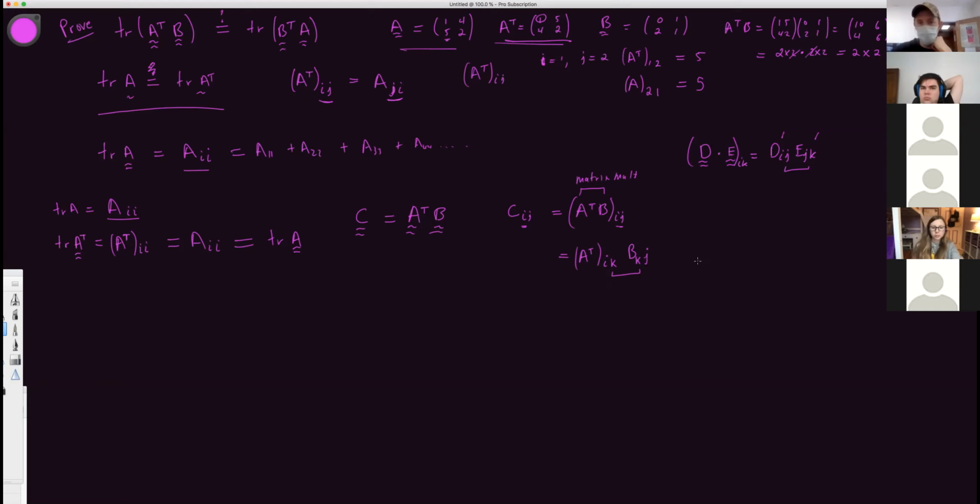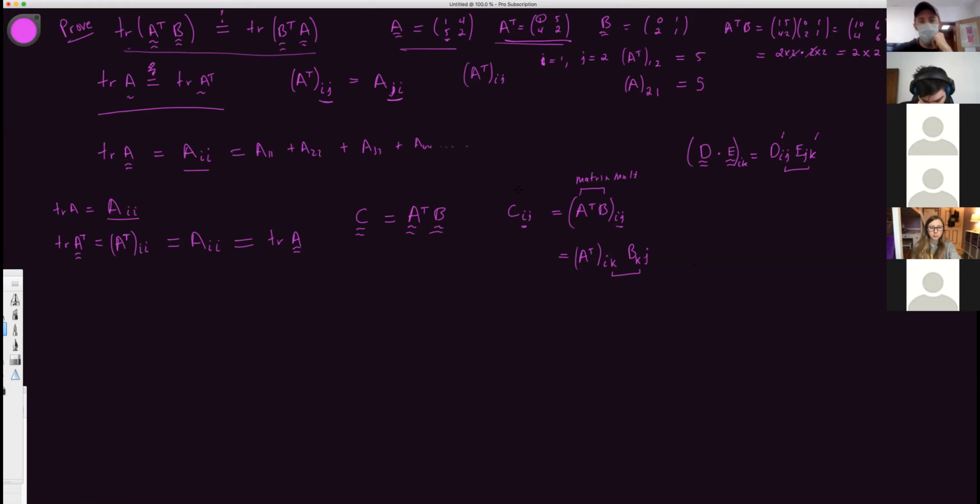Now I know that A transpose, if I wanted to convert it to A, because look what I'm trying to prove way up here: that the trace of this is equal to the trace of this. So I've got to move things around.